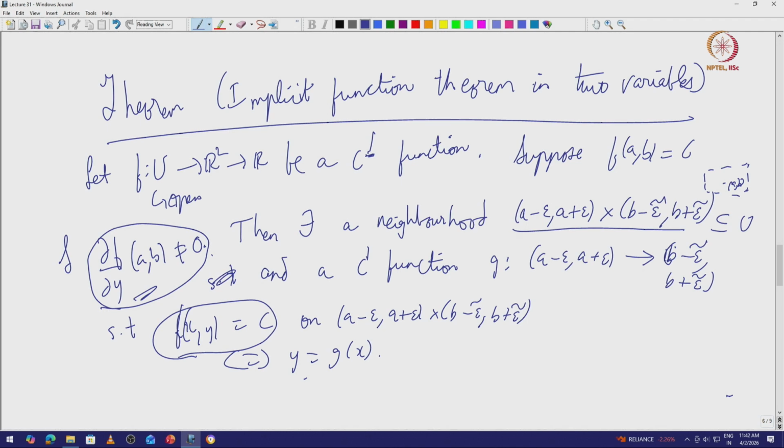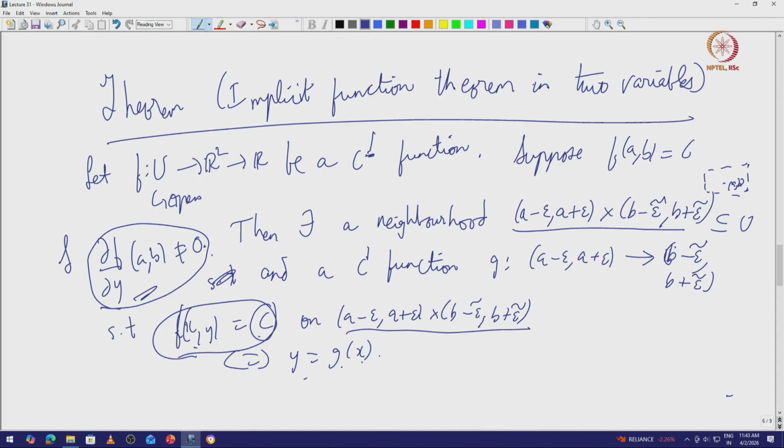We have shown that f(x, y) equals c on this neighborhood if and only if y is not merely a C1 function of x, but actually a C1 function of x and c taken together. It's a C1 function of two variables, x and c. It's of course a C1 function of x if you fix c, but it's even better than that.